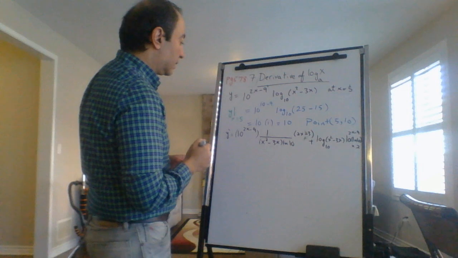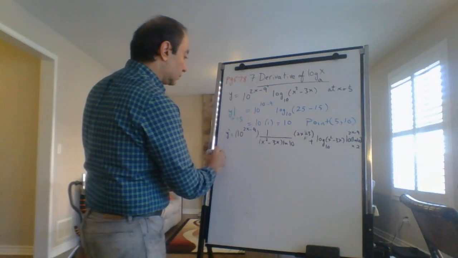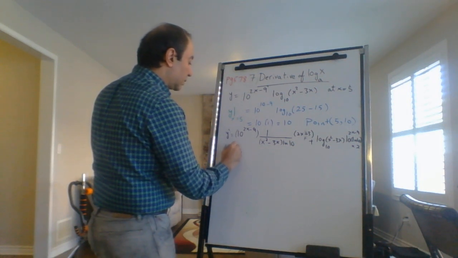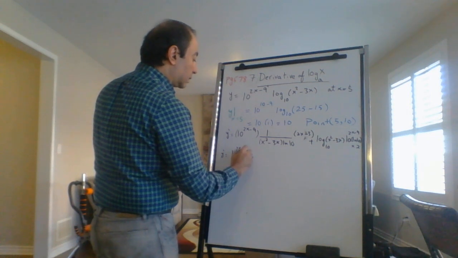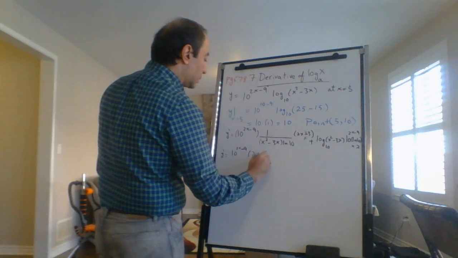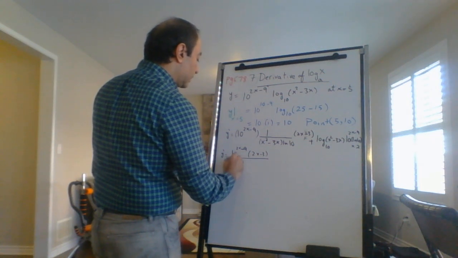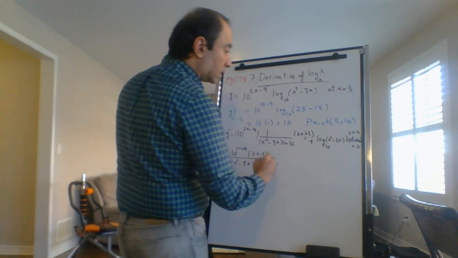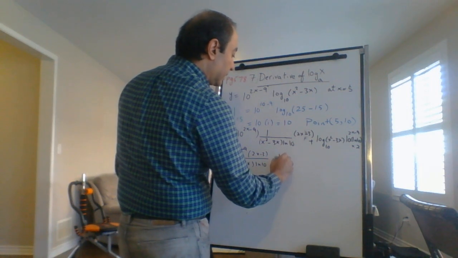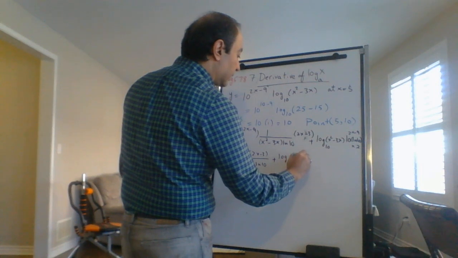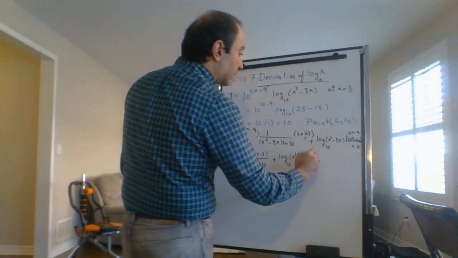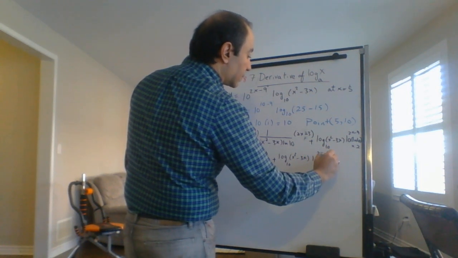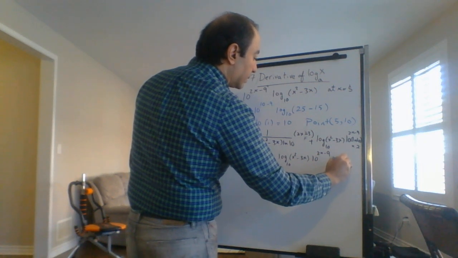Okay, so we can write this in a better way. Y prime equals 10 to the power of 2x minus 9 times (2x minus 3), everything divided by (x squared minus 3x) ln 10, plus log base 10 of x squared minus 3x times 10 to the power of 2x minus 9 times ln 10 times 2.